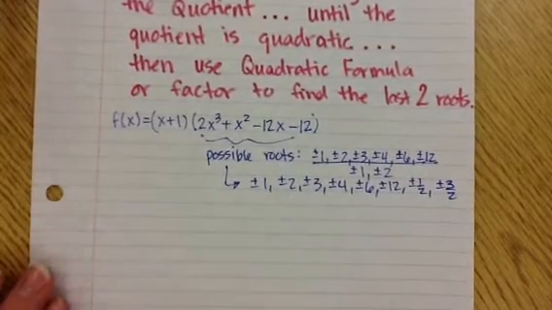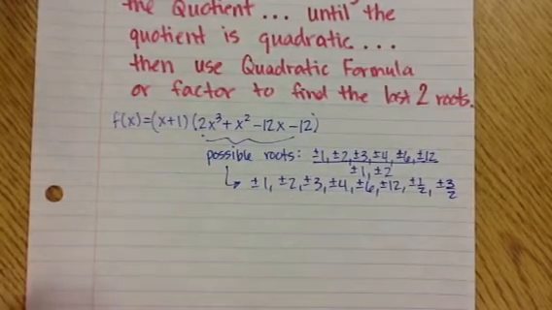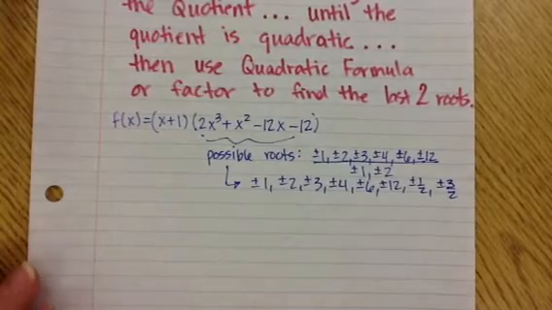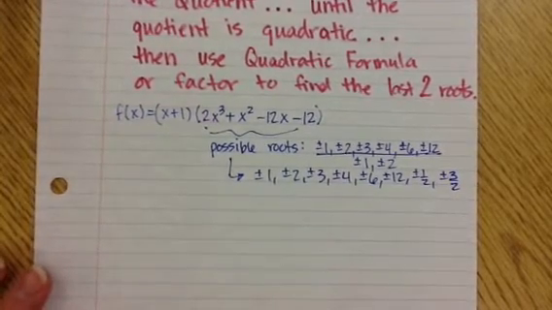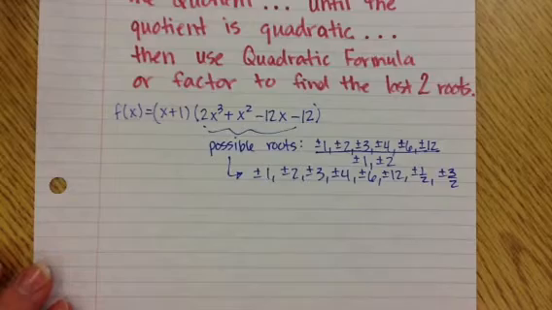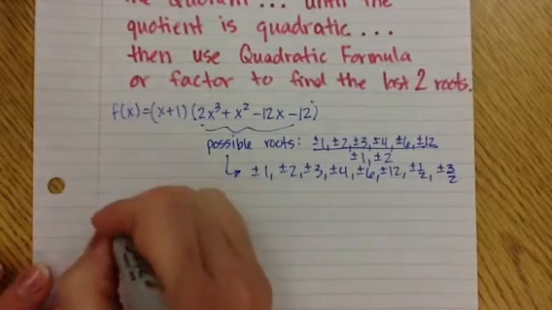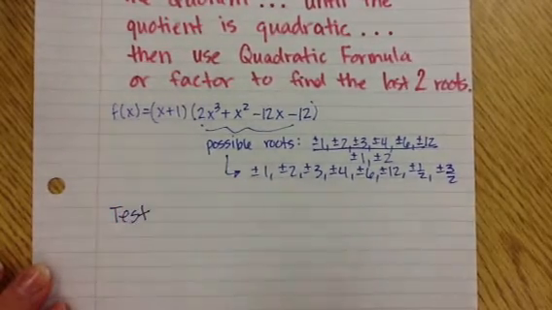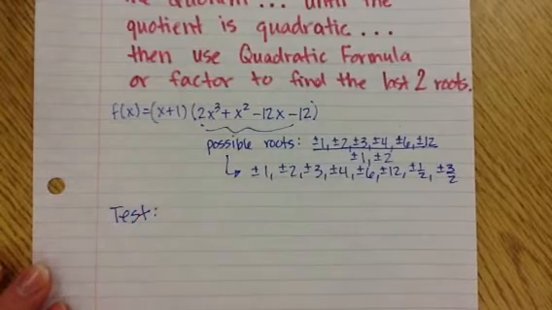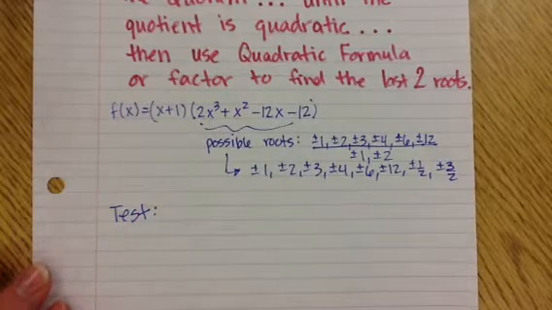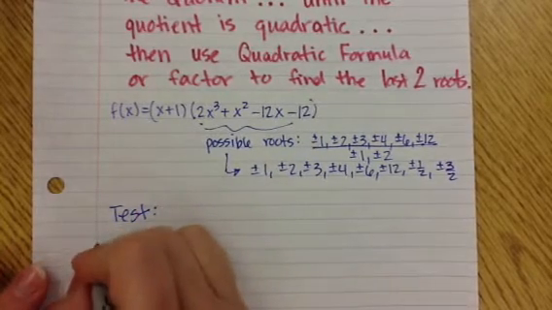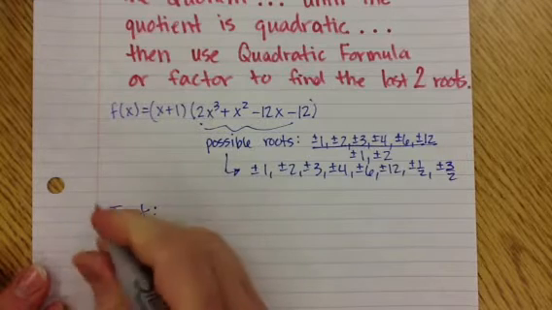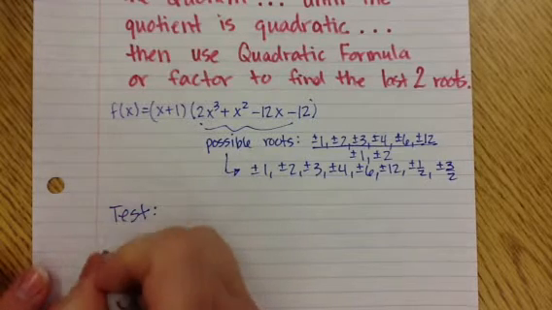And then we're going to go on to step 2. We're going to test possible roots until we find one that is an actual root. We're going to use synthetic division. If the remainder is 0, then we know we found a root. Now here's an important thing to know: if you tested one before and it didn't work, it's still not going to work.